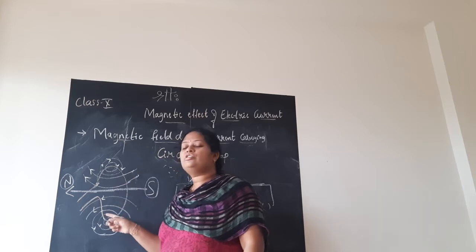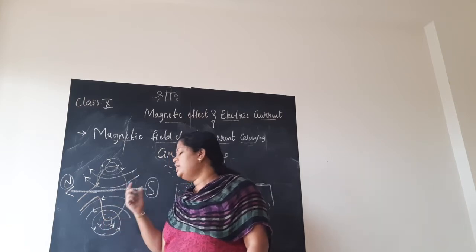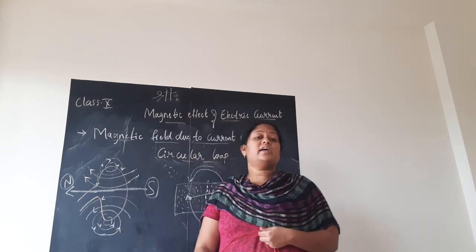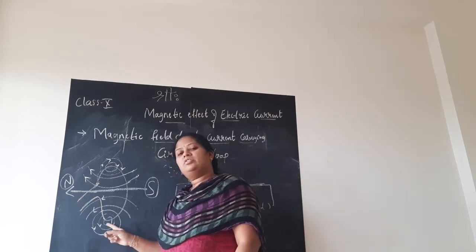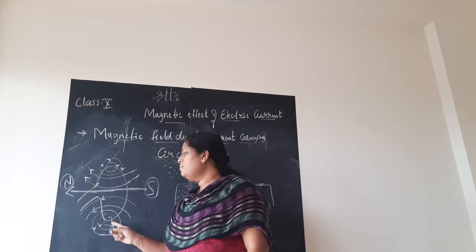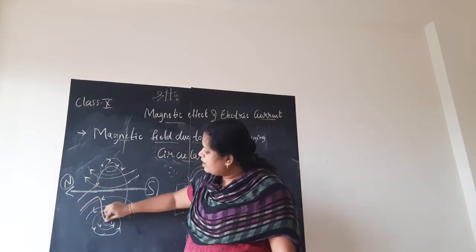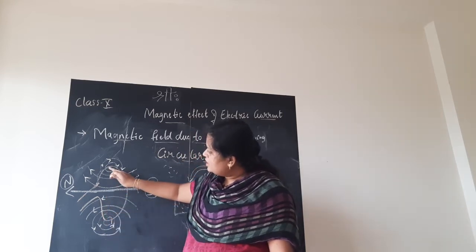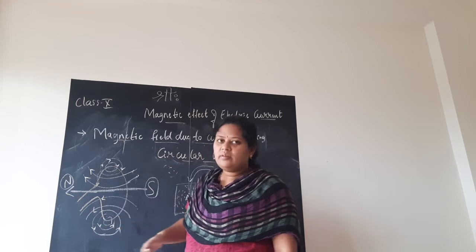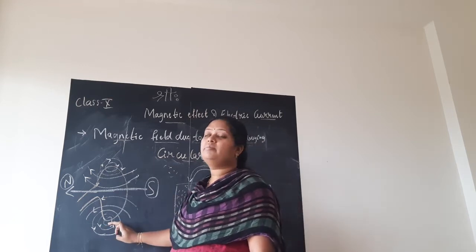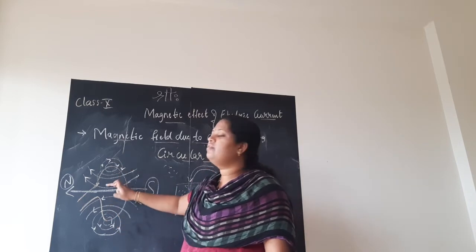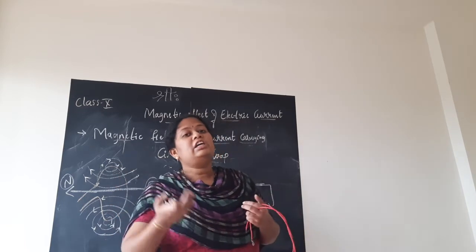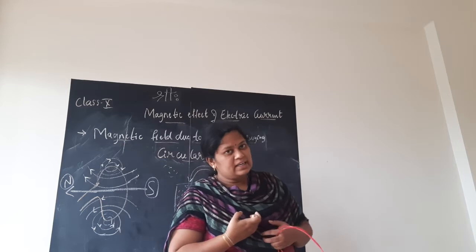Similarly, in this case of circular wire, as I said, each bit acts as a straight current carrying conductor, and hence you can see the magnetic field lines arrange themselves in the form of concentric circles. As you move away from the wire, children, see, these are the two loops, top and bottom. You can see the complete concentric circles drawn here. But as you move away from the wire, what should happen? Its magnetic field strength should go on decreasing.